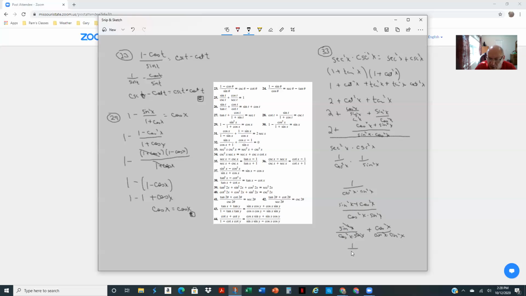That gives me 1 over cosine squared of x plus, and here the cosine squared cancels, and it'd be 1 over the sine squared of x. And 1 over cosine squared is secant squared of x. And plus 1 over sine squared is going to be cosecant squared of x. And since I'm running out of room, I'm going to say that equals the right-hand side.